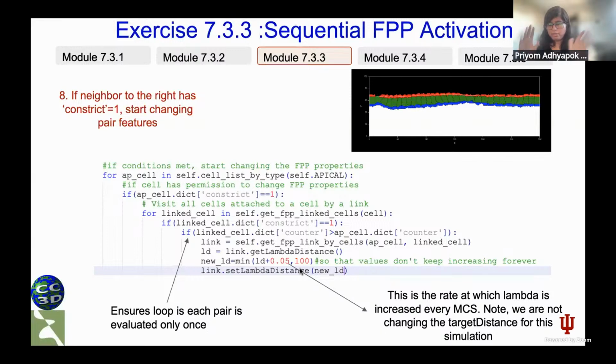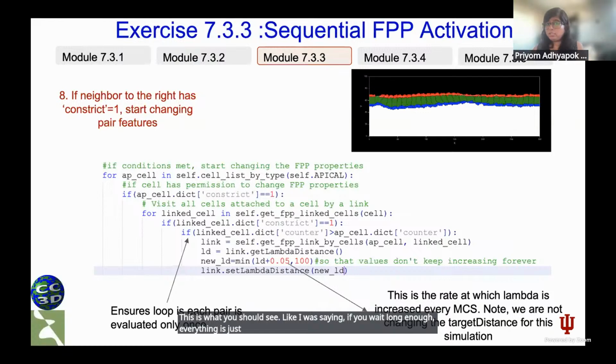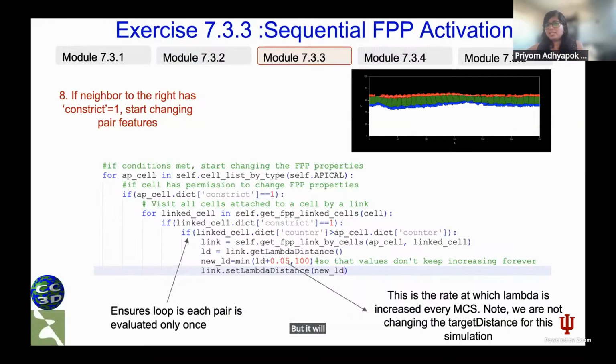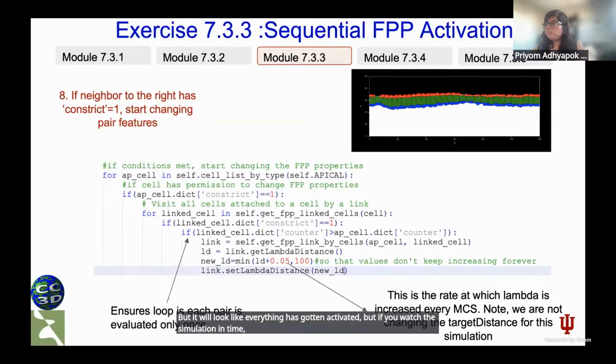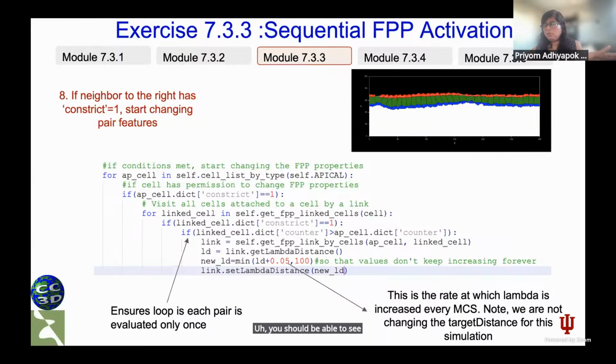And now, if you run module 7_3_3b, this is what you should see. Like I was saying, if you wait long enough, everything is just going to get activated all at once. But it will look like everything has gotten activated. But if you watch the simulation in time, you should be able to see that you're starting off with a fairly level epithelium.